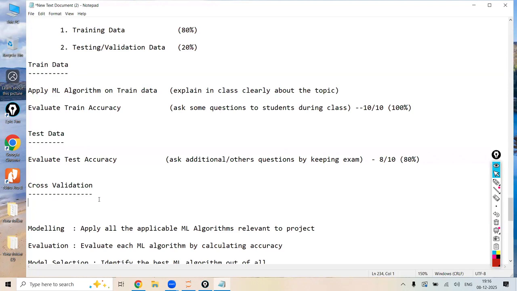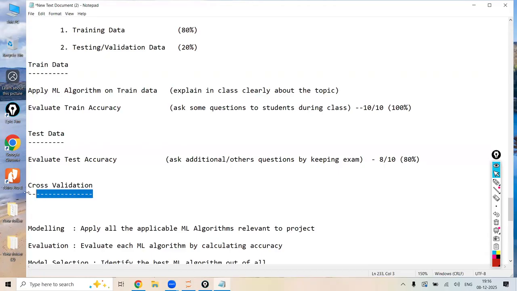The next time I conduct the exam, from the same topic, one more question will be there. From data cleaning, it is not the same question every time, such as how to treat missing values. One time, one question will come. Is the point clear? Like that, if I observe for every topic how the student is performing, that is called cross validation.